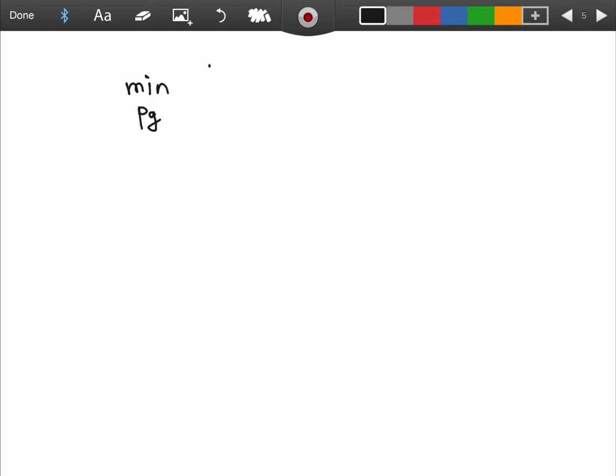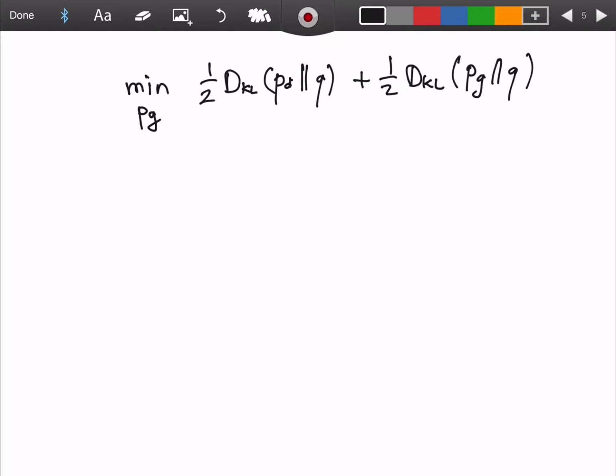We are minimizing 1/2 Kullback-Leibler divergence between PD and Q, where Q is a midpoint between the two distributions, plus 1/2 KL between PG and Q. And this is also a divergence, and it is called the Jensen-Shannon divergence.